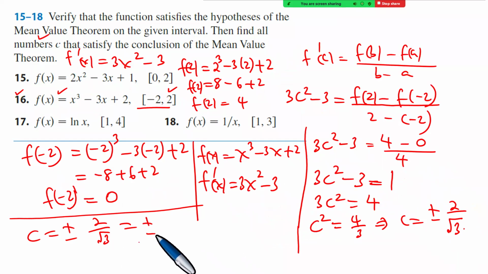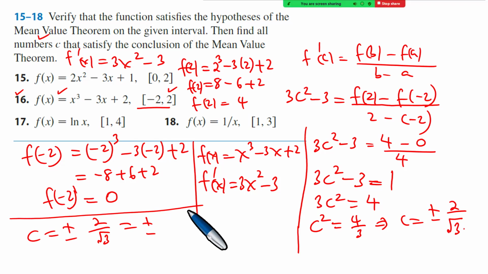Now, what is 2 divided by the square root of 3? We investigate that part. I'm just checking it quickly here.